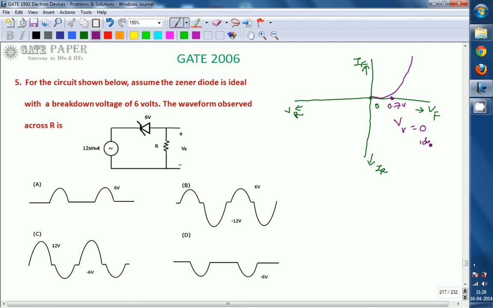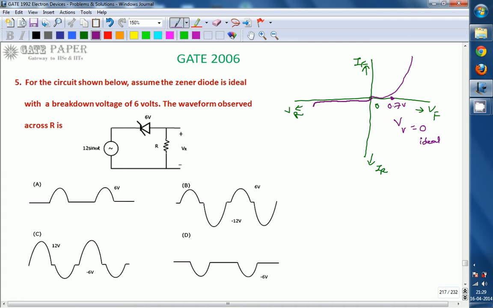It is specified that the Zener diode is ideal. That implies that under forward bias, the Zener diode has a forward voltage of 0. Remember that.